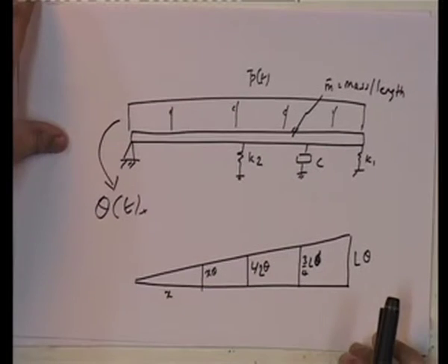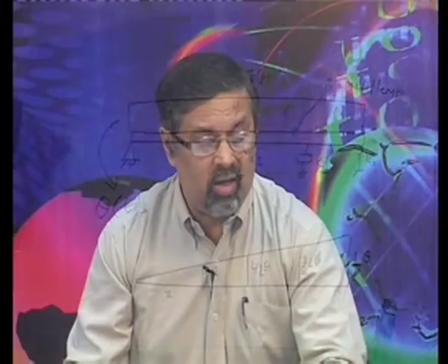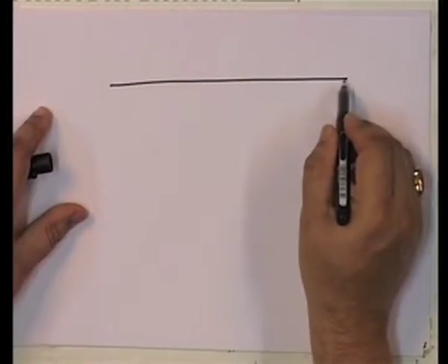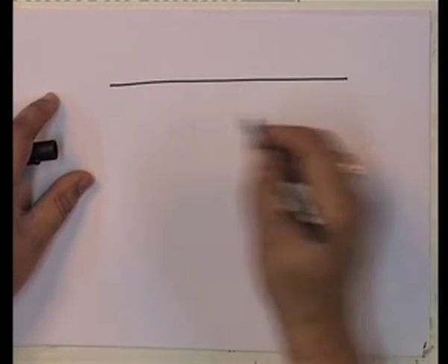Now let us write down the forces that this system has. Without belaboring the point, we have done this often enough, so by now we should be able to write this down. What do we have?